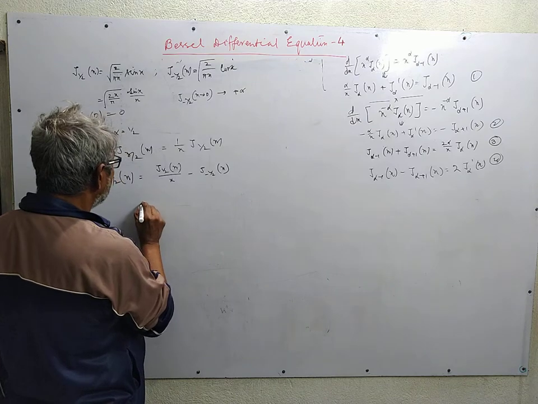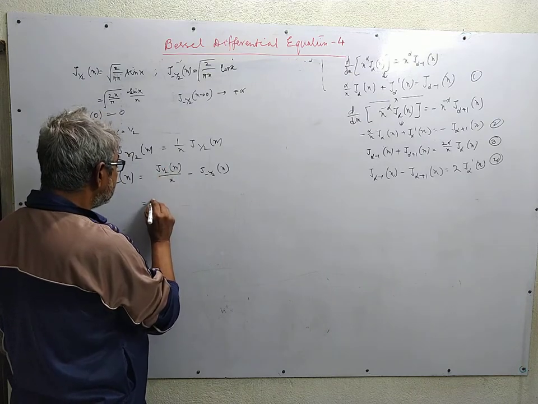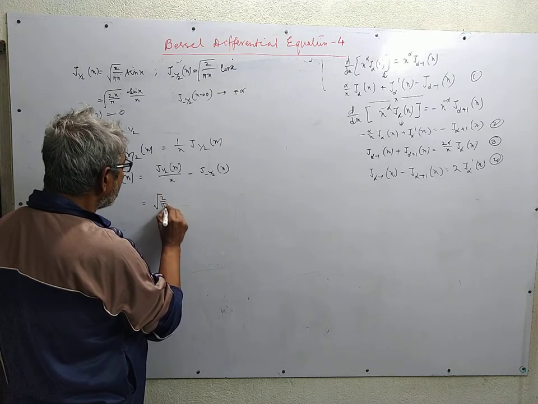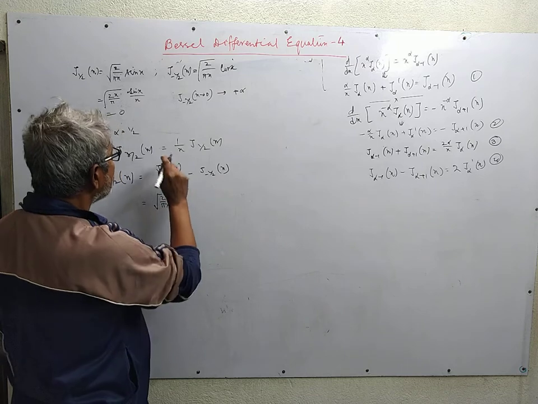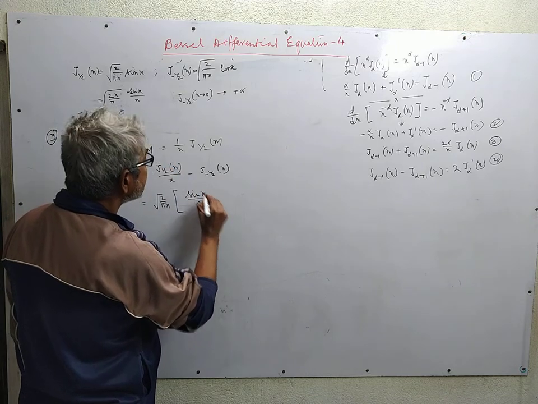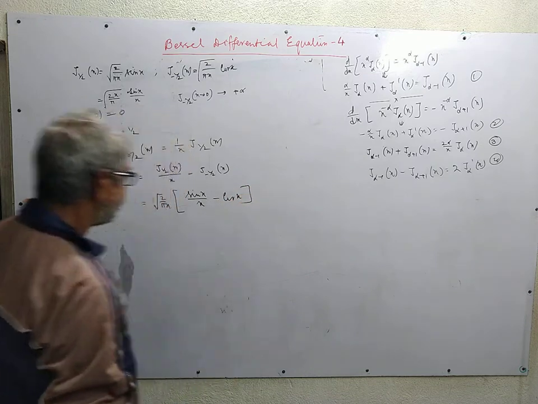So this is 2 by root pi x. From this term we have sin x by x, and from this term we have cos x.